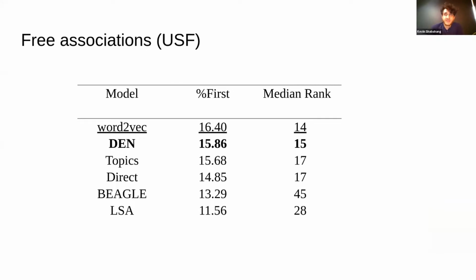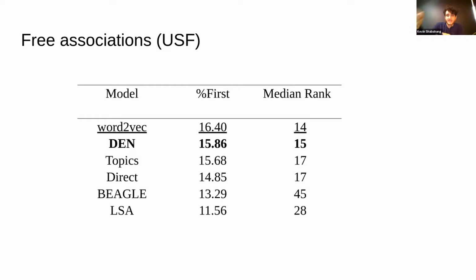Then we took this model and applied it to the free association data set, which is essentially a large data set where people have been given different cues, for example cat, and were told to report the word that first came to mind. We can do the same thing with our model. We can cue it with the word cat, and look at the number of times the response that most people produced came first in activation.